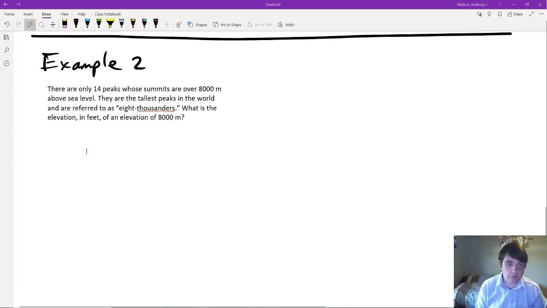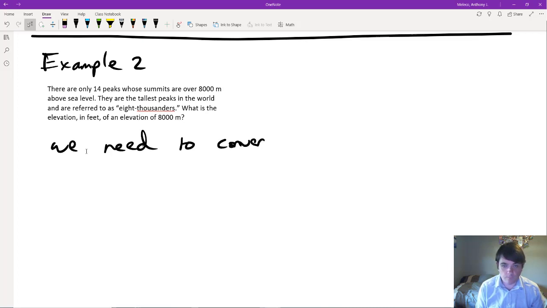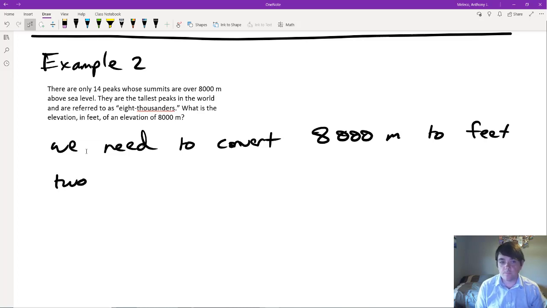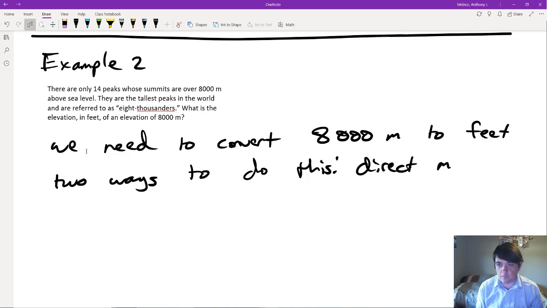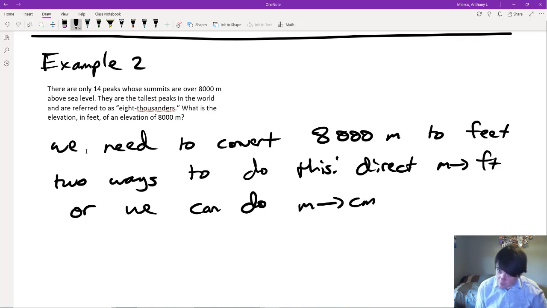So we need to convert 8,000 meters to feet. There's 2 ways to do this. Direct meter to feet, or we can do meter to centimeter to inches and then to feet.